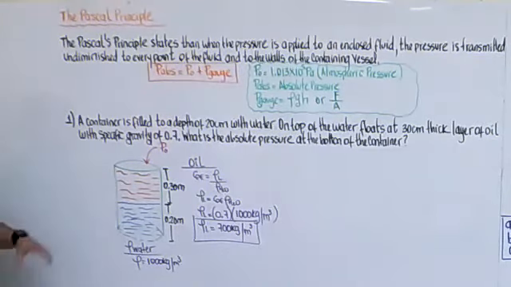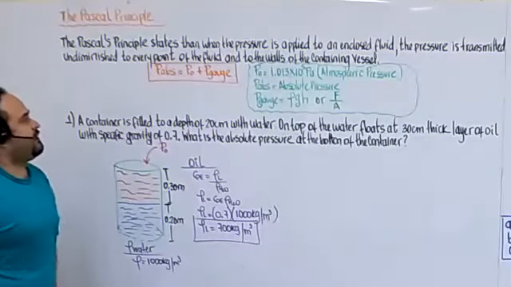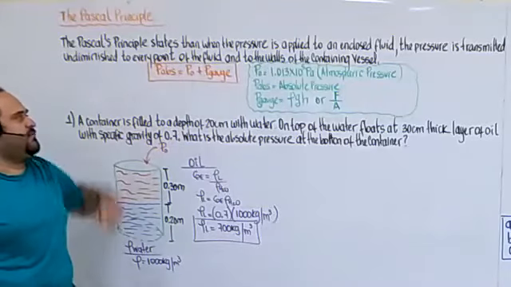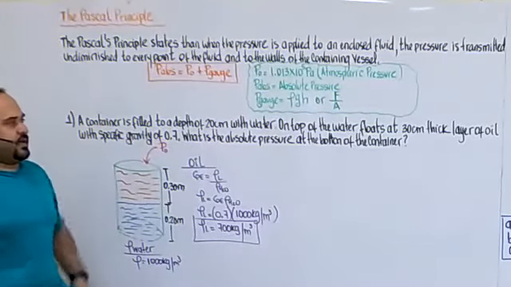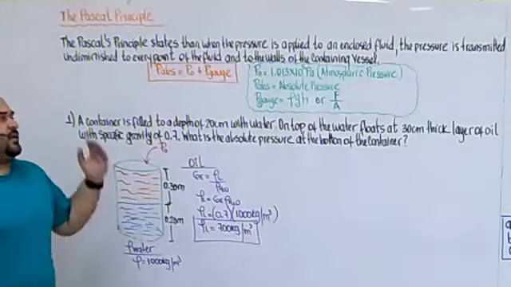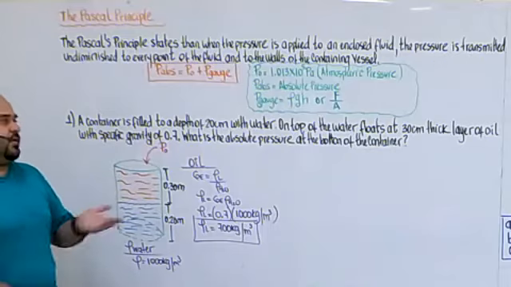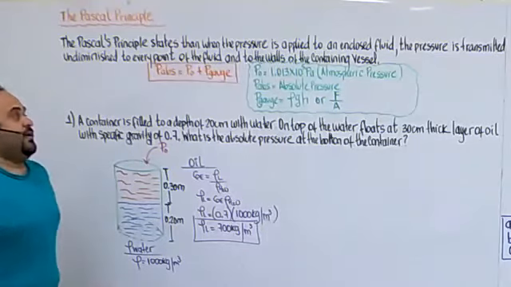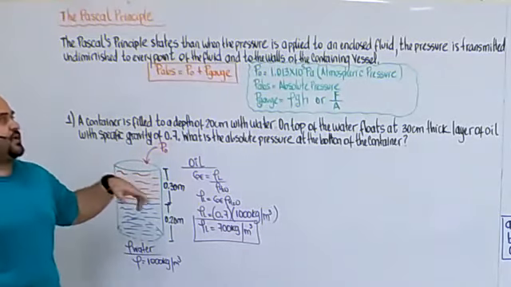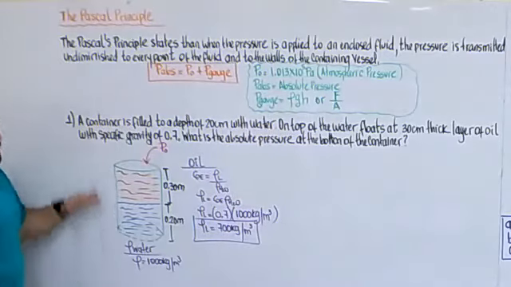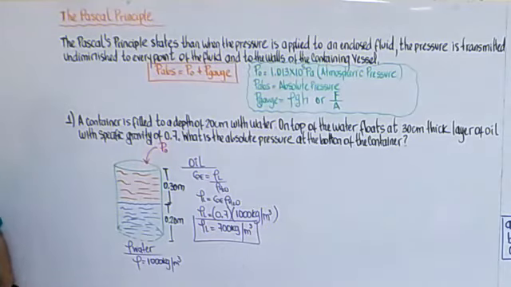What we're going to do, remember the Pascal principle: absolute pressure will be equal to atmospheric pressure plus gauge pressure. And the gauge pressure can be calculated in two ways, in function of depth, density times gravity times height, or force divided by area. To find the gauge pressure we're going to use the first formula because we have the depths.